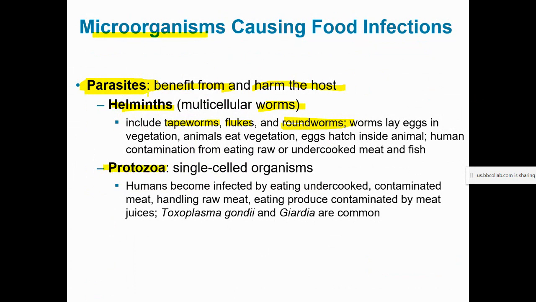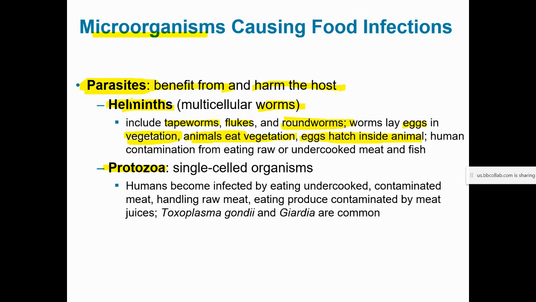With helminths, or worms, what often happens is that the worms will lay their eggs in vegetation. So again, out in the field. And then if it's cows or chickens or pigs or whatever it might be, they might consume the vegetation, and then those eggs will hatch inside the animal.